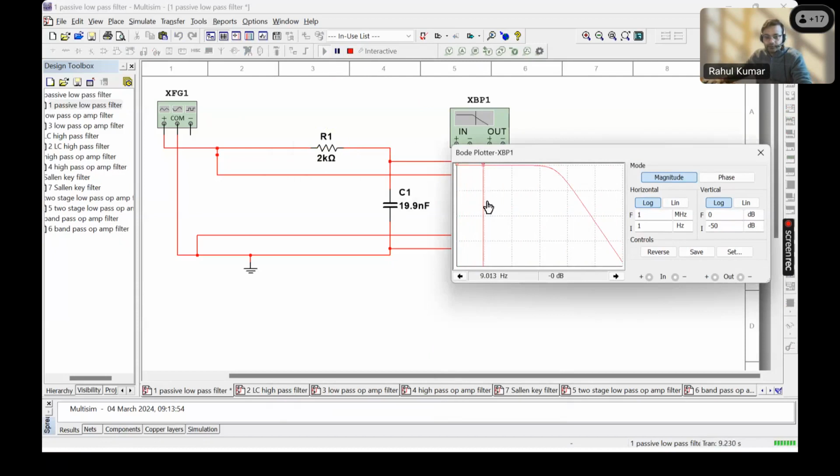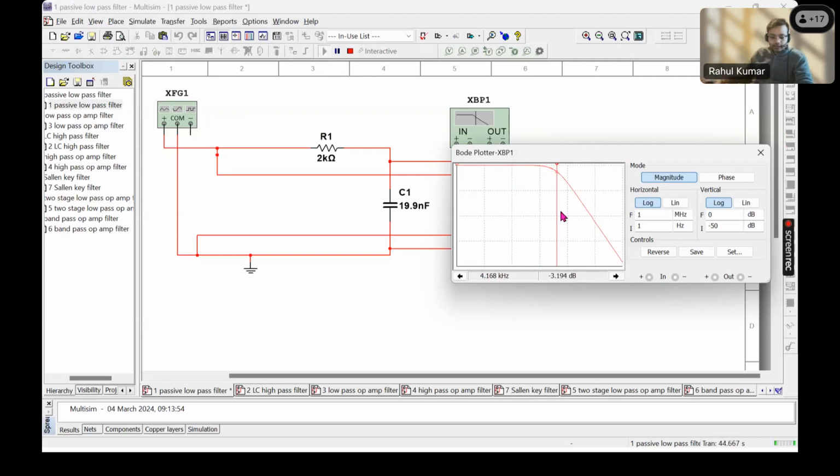Again, the gain is 0 dB approximately for the lower frequencies, and my cutoff frequency will be at minus 3 dB. That's about minus 3, and we are getting around 4 kilohertz.